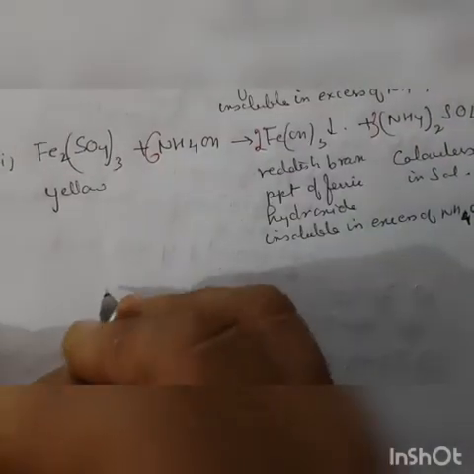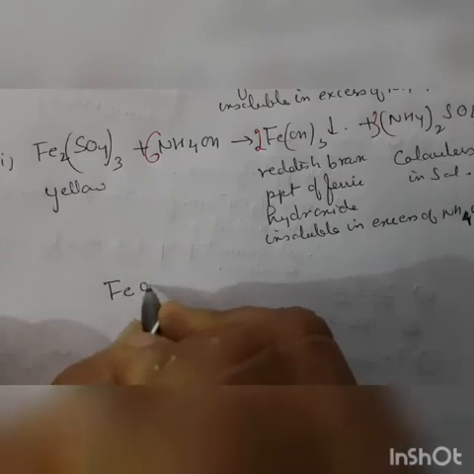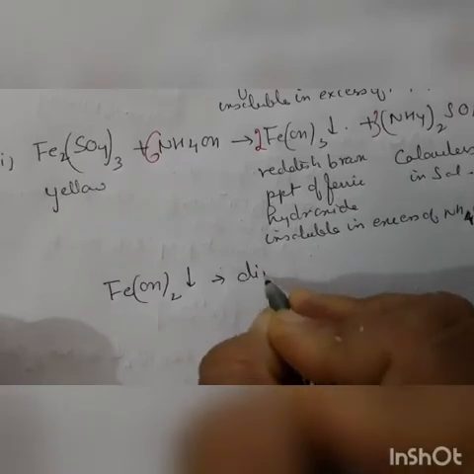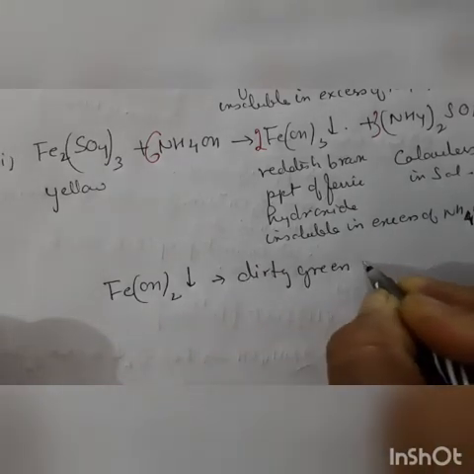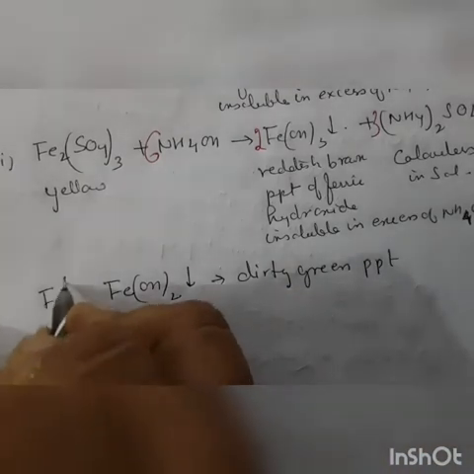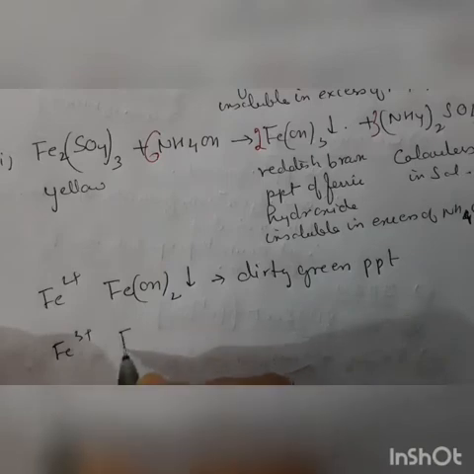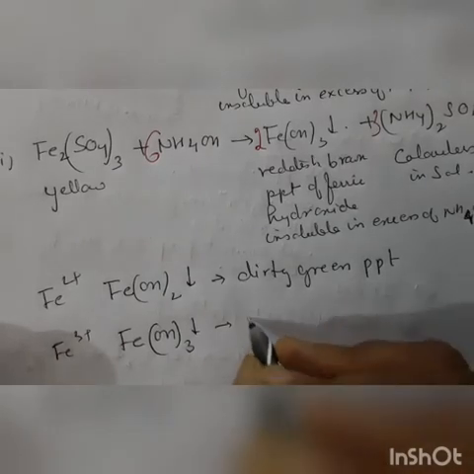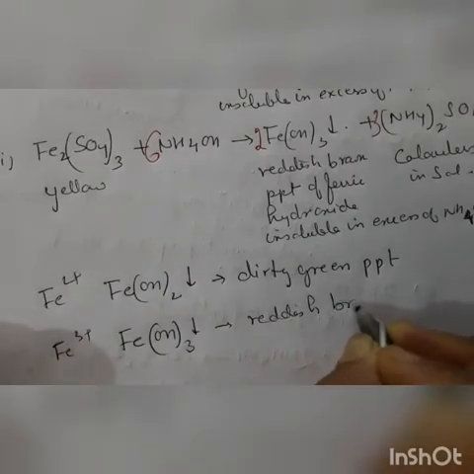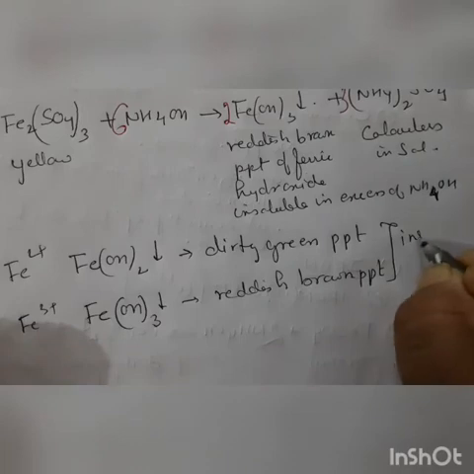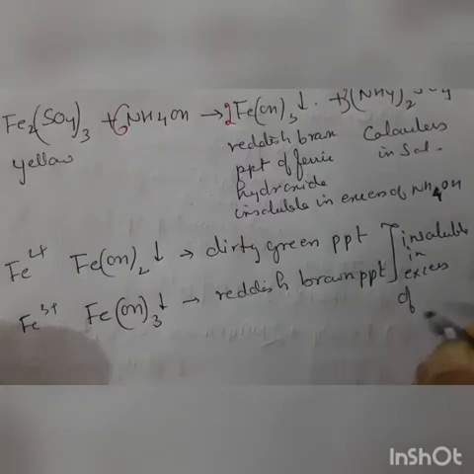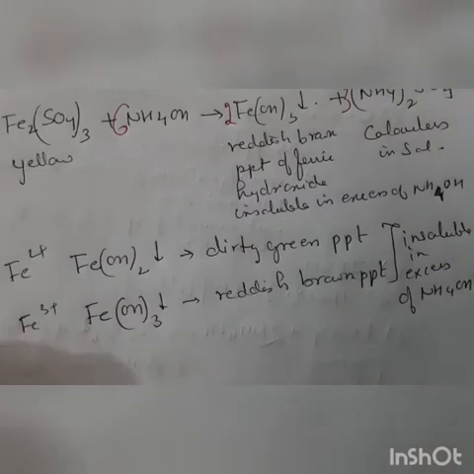So here we conclude that ferrous hydroxide gives dirty green ppt and ferric hydroxide gives reddish brown ppt, and both of them are insoluble in excess of ammonium hydroxide.